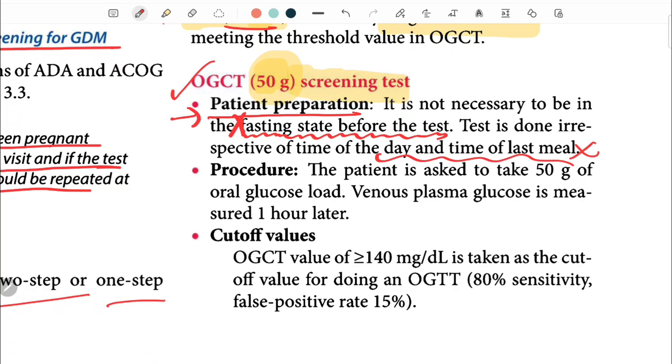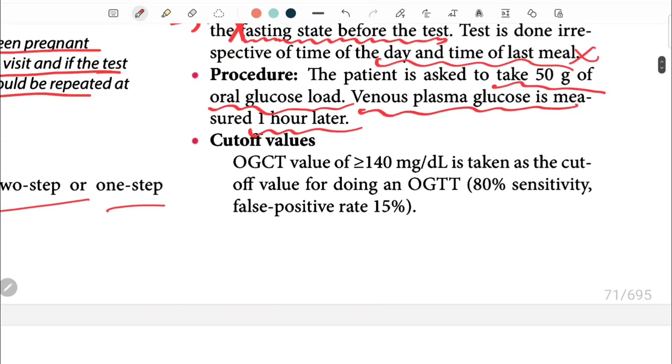Procedure: the patient is asked to take a 50 gram oral glucose load. Venous plasma glucose is measured 1 hour later. Now what are the cutoff values?